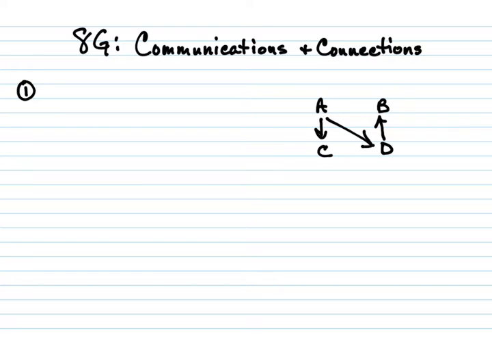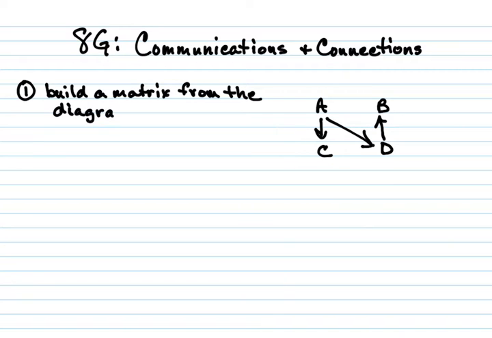And so your first job is to simply build a matrix from the diagram. You're just going to build a matrix using A, B, C, D as the titles for the rows, and A, B, C, D as the titles for the columns as well, right?